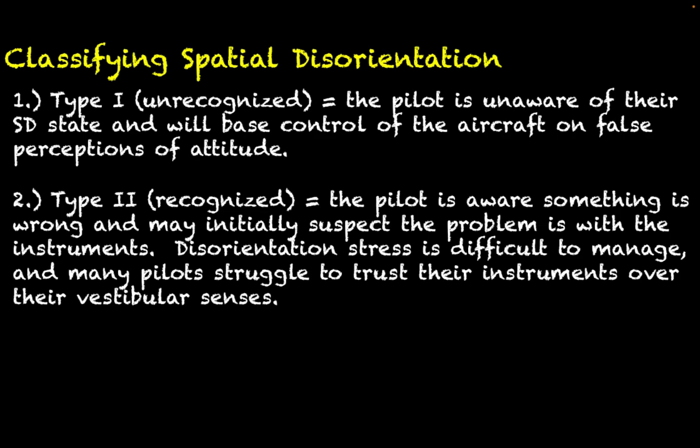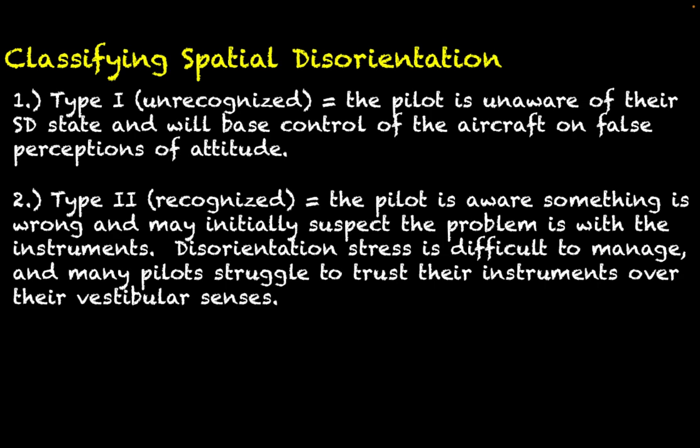In type 2, which is called recognized spatial disorientation, the pilot is aware something is wrong and may initially suspect the problem is with the instruments, okay? This leads into what we call disorientation stress.